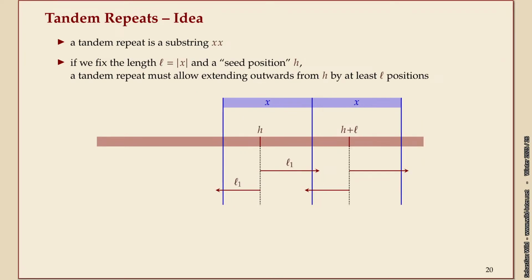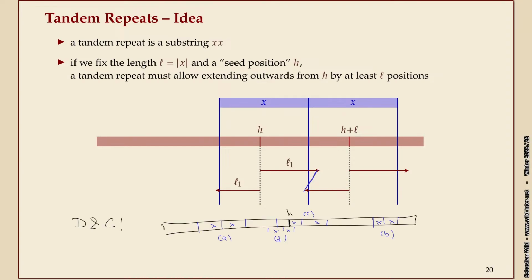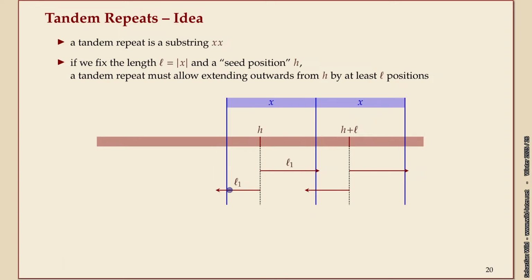If we have a situation like here where L1 and L2 overlap, so they span more than L positions, then you can actually pick any of the starting positions that are in the overlap, and each contributes one tandem repeat, which probably means that there's quite some repetition, so it's not going to be very often the case, because it means that somehow the first and last characters must be the same. But that's the general case.